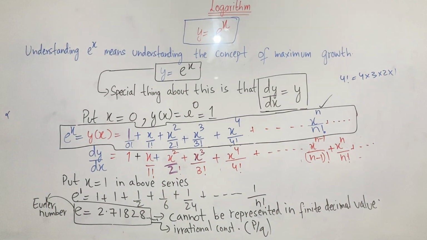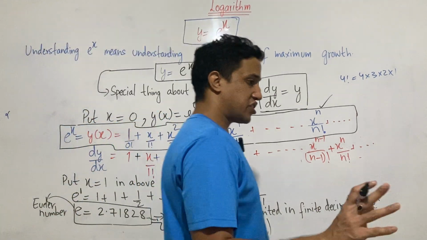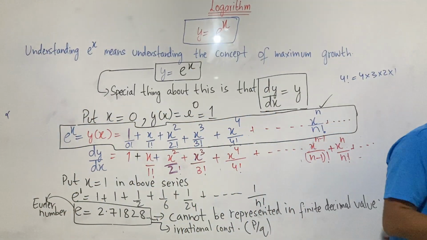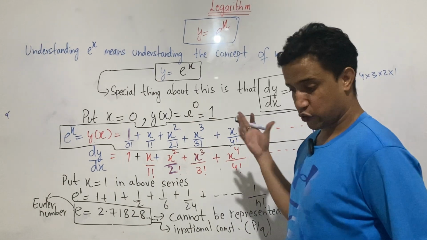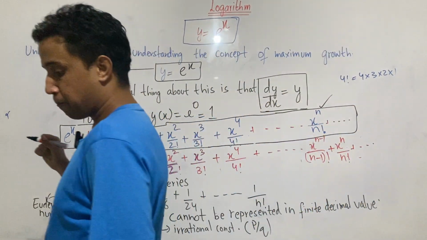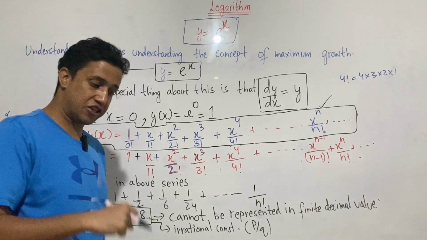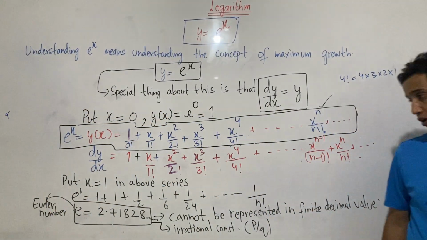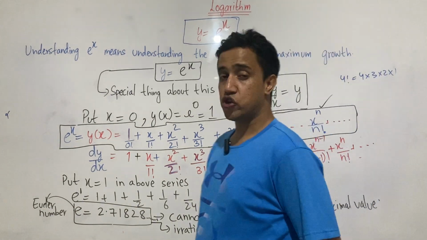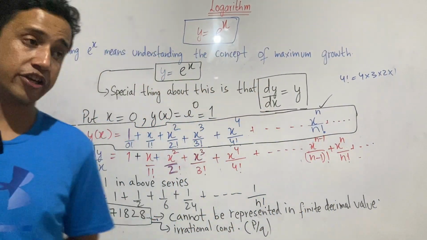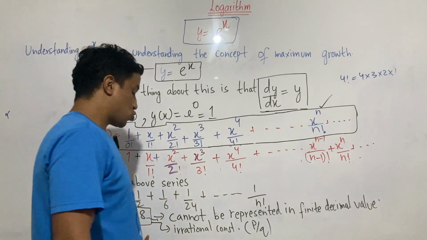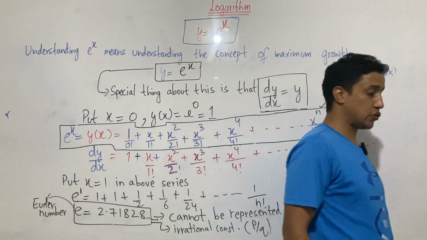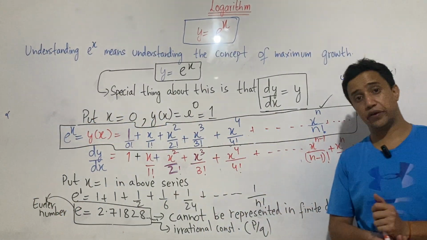I will just say one line here, because later on when we implement it in calculating compound interest, you will see that this number is going to make others crazy.